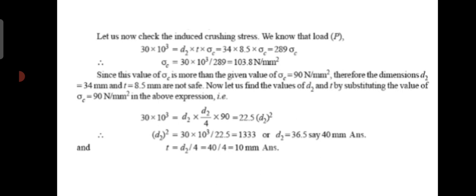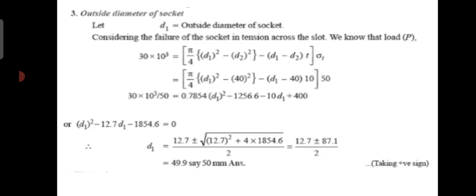So from this equation we can find d2 equal to 36.5, so we may say 40 millimeter. Small t equal to d2 by 4 equal to 40 divided by 4, that is equal to 10 millimeter. Small t equal to 10 millimeter.